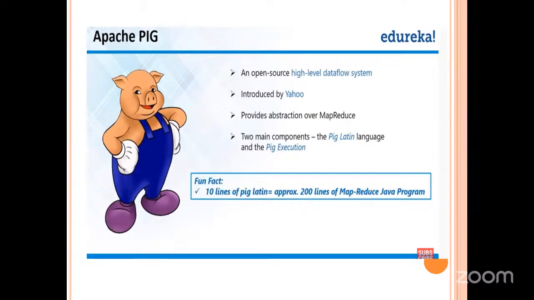So what is the difference between the Java program, that is MapReduce, and Pig is that if you write 200 to 300 lines of code in Java using MapReduce, you can write the similar program in 10 lines using Pig Latin language. Okay, so Pig is a scripting language.